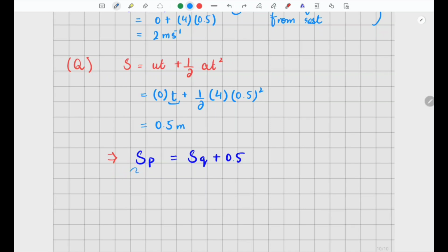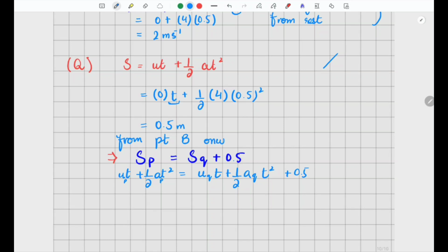So ut plus half at square equals u of Q times t plus half at square plus 0.5. What is the initial velocity of P? Now we are starting from point B, and from point B onwards we are considering that journey.